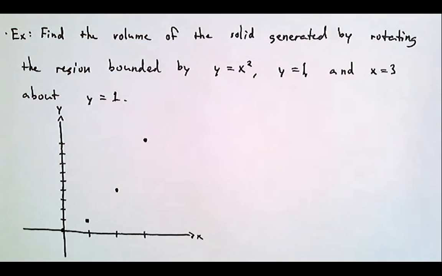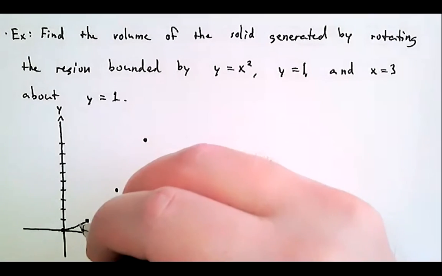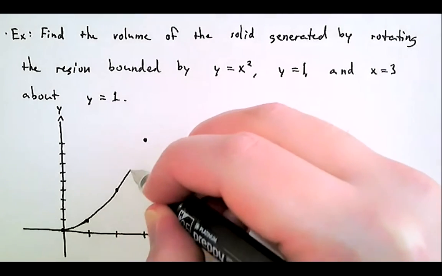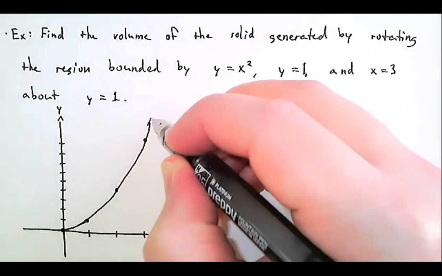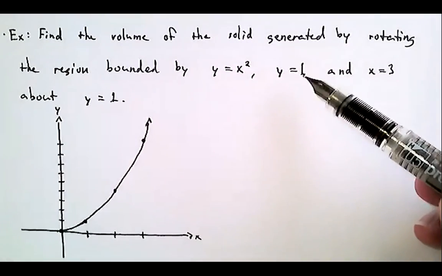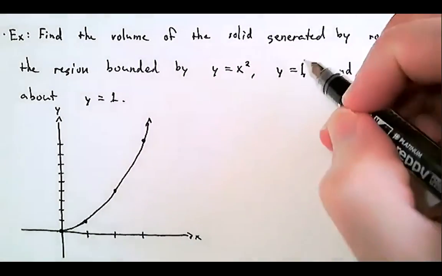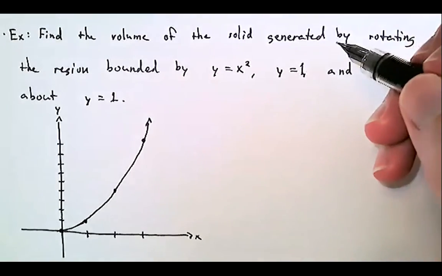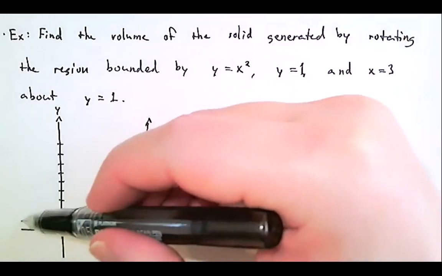Try plotting a few points and then connect them. Like so. And then we can plot in the line y equals 1. So this is a horizontal line, like so.